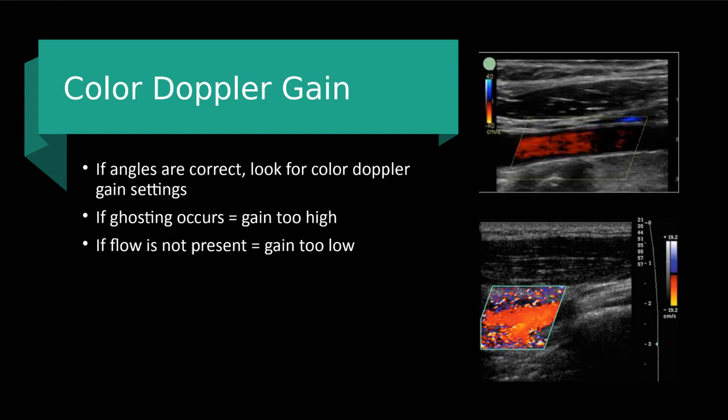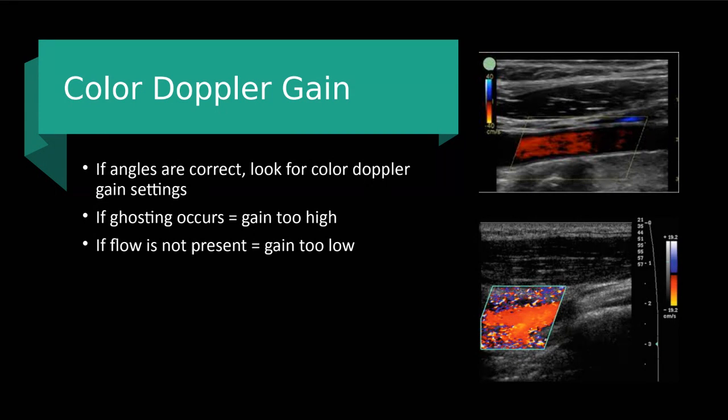So if our angles are correct, we want to look at our color Doppler gain settings. So if we know we have angulation to the vessel, we know our color box angulation is appropriate to that vessel position, but we're still not getting it to fill appropriately, or we're getting all of this artifact and this noise, then we need to look at our color Doppler settings and that gain setting in particular and adjust that one accordingly.